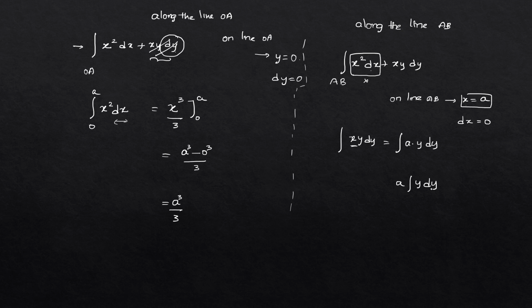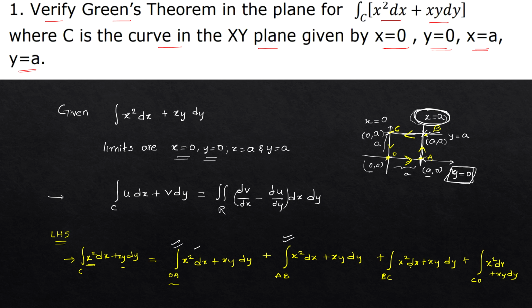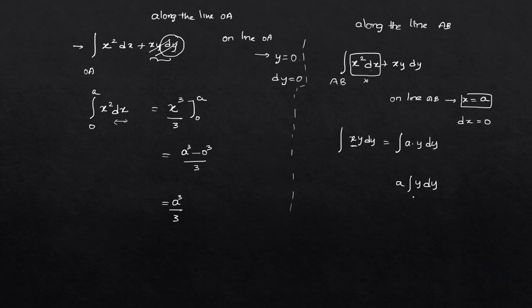Since the function is in dy, we have to write limits of y. See here, along line AB, the limits of y are 0 to a. Now a times, what is the integral of y?